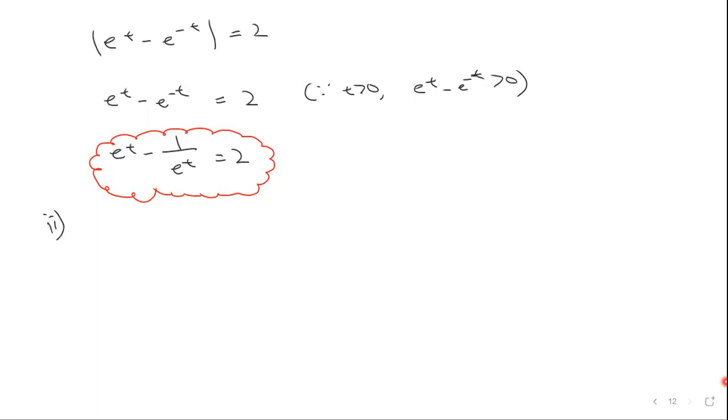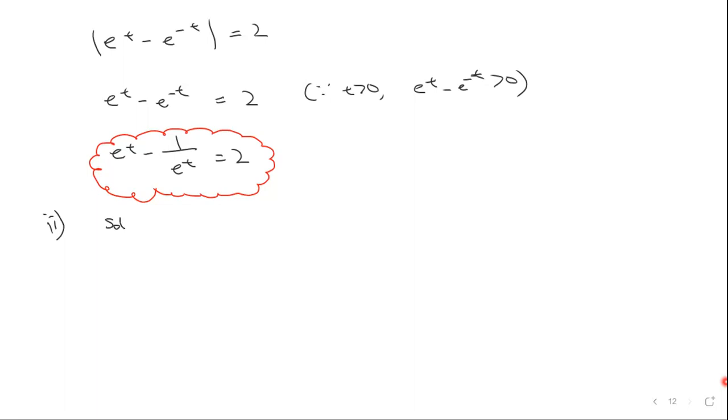Now, you want to solve this equation to show that e to the t equals 1 plus root 2. You should be able to do part 2 using part 1. Remember, in an exam, attempt the later parts even if you can't do part 1.